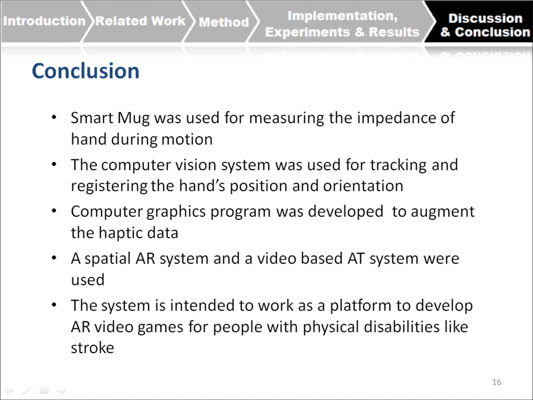The computer vision combined with the system was able to track and register the position and orientation of the hand. And a computer graphics program was developed to augment those haptic data on top of the video data or projection data, and both spatial augmented reality and video-based augmented reality were used for that.